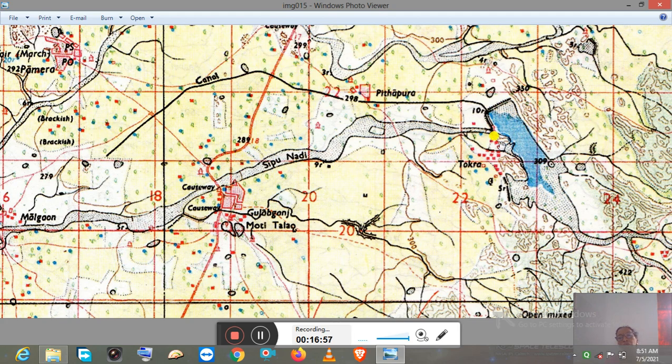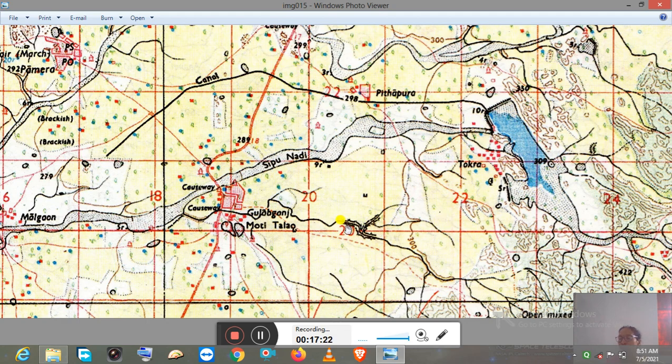So, if the question is asked, what does 10R indicate? Your answer can be 10R indicates the relative height of the embankment of a perennial lake or perennial tank, or can be given as the relative depth of a canal, that is 10 meters deep.